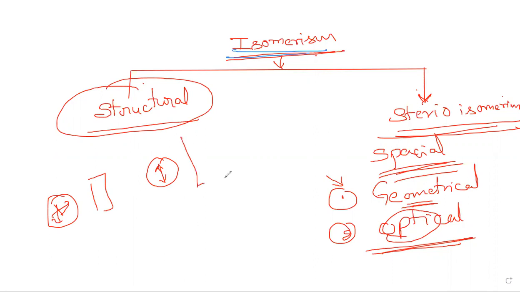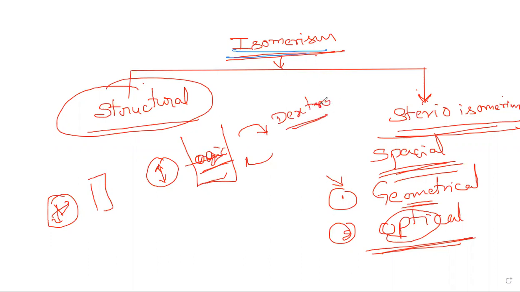Then it is passed through an organic solution. If this organic solution is able to rotate the plane polarized light towards the right or towards the left, then if it rotates it towards the right, it is called dextrorotatory.